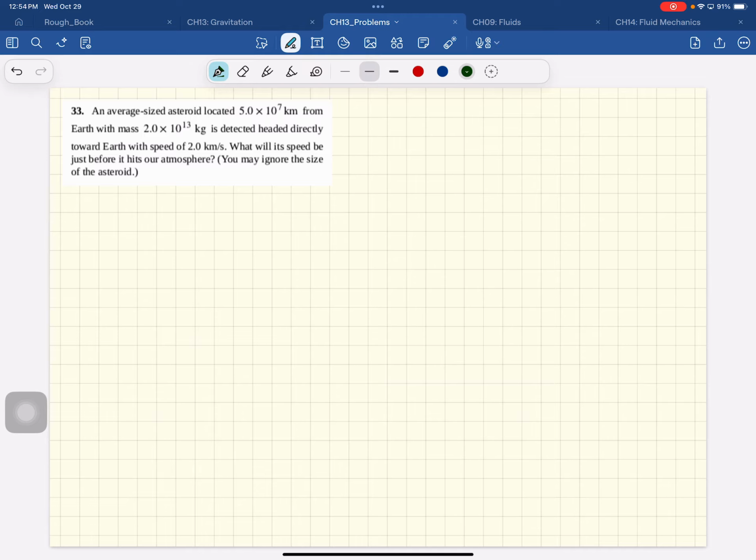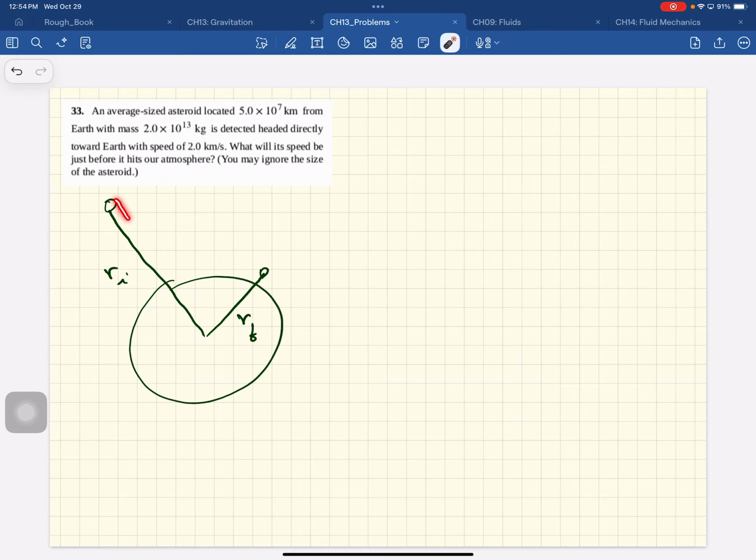Okay, so when it's that far away, that's V initial, V final.